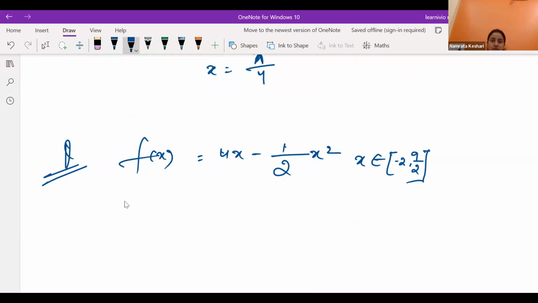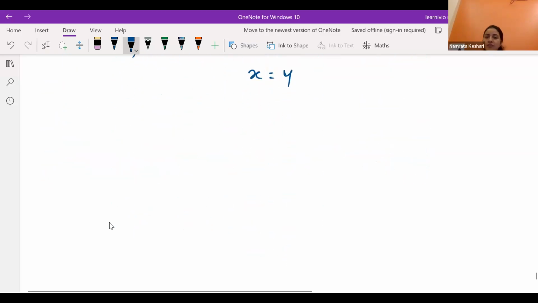F dash x equals 4 minus 2x by 2, it will be just x. If we take it equal to 0, we get x equals 4, right? So this is very simple, I'm leaving it. Okay, Fatima? And the last one also I can see you will be able to do.